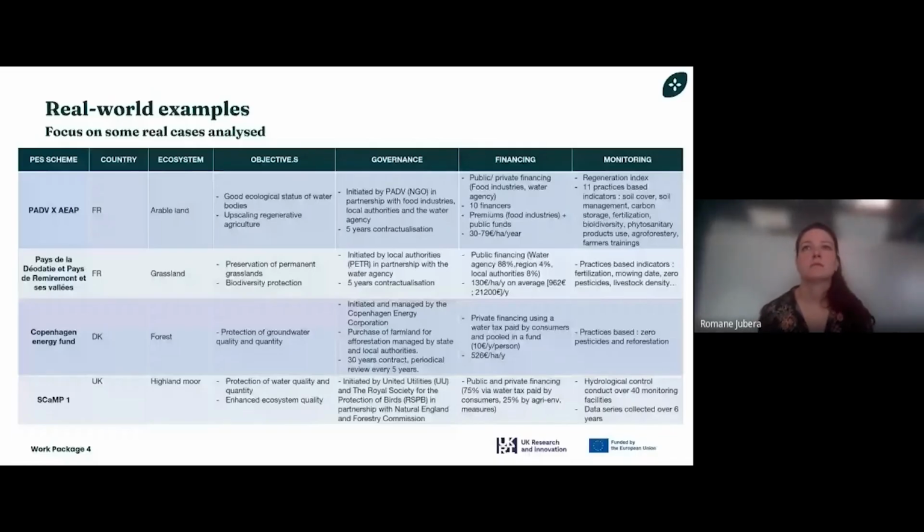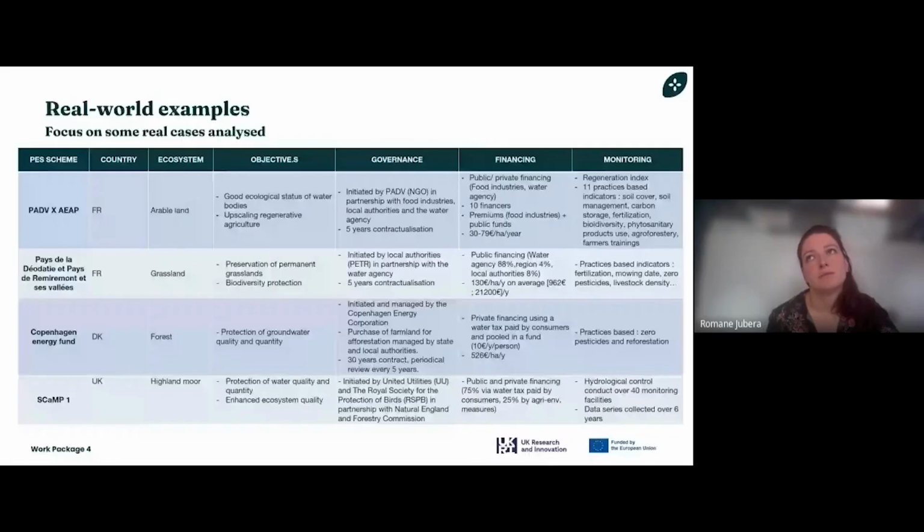The first one is based in France on arable land, and it's more of a supply chain initiative. It was initiated by an NGO in partnership with agri-food industries and the water agency. There is a contract for 5 years with the farmers, who are the providers, and they try to upscale regenerative agriculture.